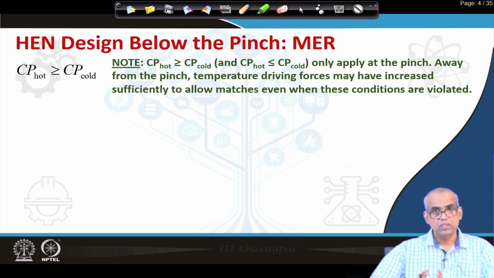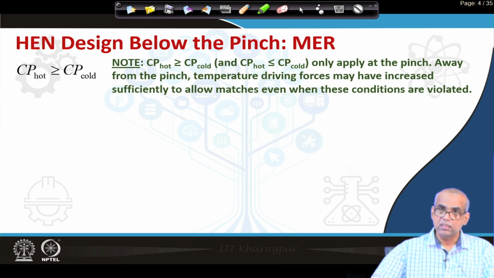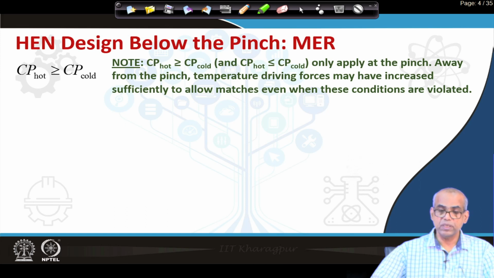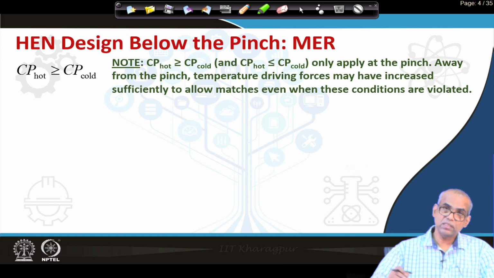So, for stream matching adjacent to the pinch, we must make sure that these restrictions on Cp values of hot stream and cold streams are obeyed. Away from the pinch, perhaps temperatures have increased sufficiently, and that increase in temperature will allow matches between two streams which perhaps violate such conditions.